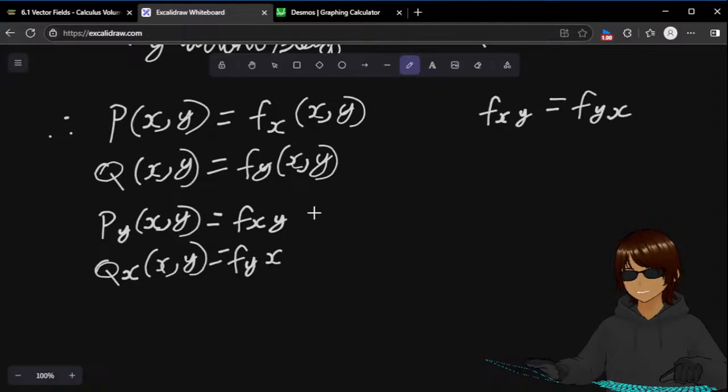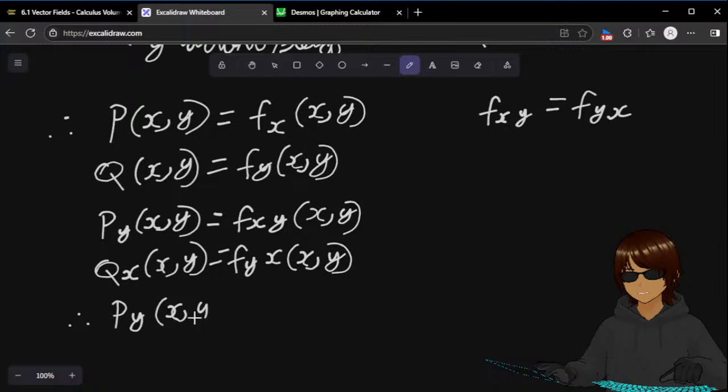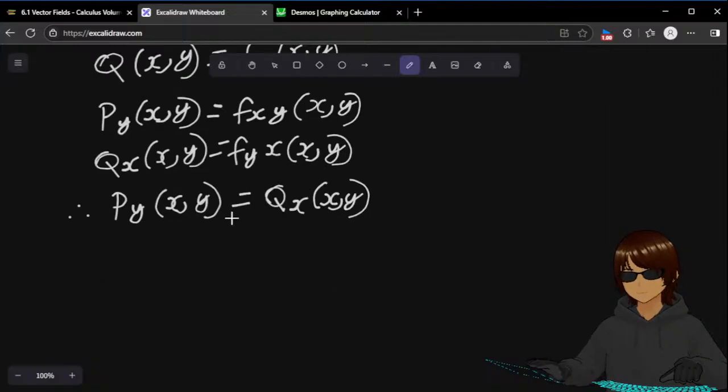So we have this, and then we are differentiating with respect to the other variable. Since these two are equal, then these two have to be equal. And that means P_y is equal to Q_x.